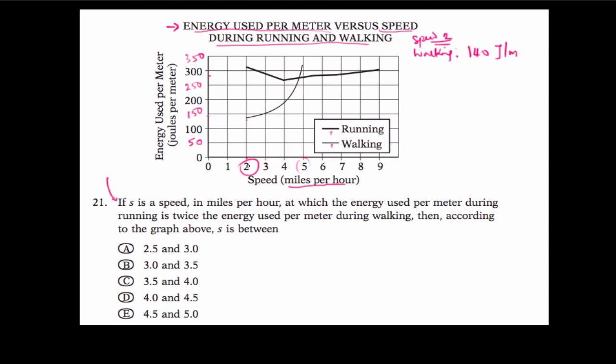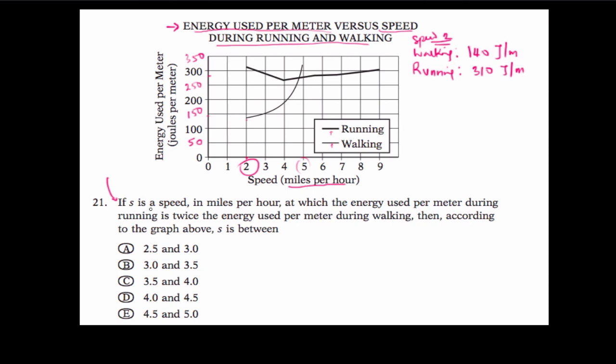But for running, the energy used is around 310 joules per meter. So this is an example, a scenario of the whole picture.